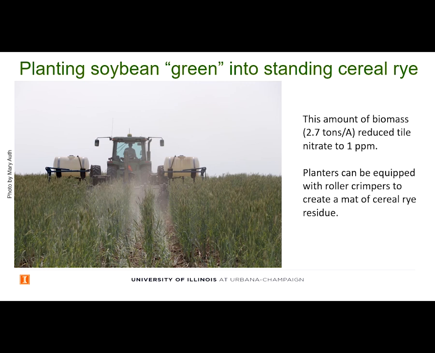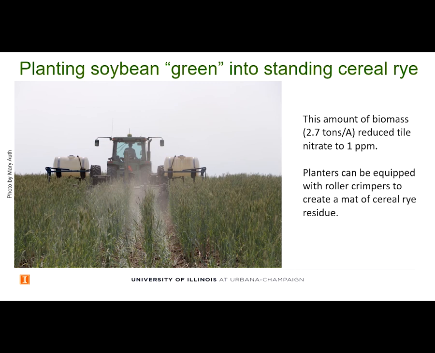And this amount of biomass is 2.7 tons per acre. And this greatly reduced tile nitrate concentrations out of this field. This field was down to 1 part per million nitrate. That's really low. So again, this is plenty of cereal rye biomass to reduce the tile nitrate concentration.